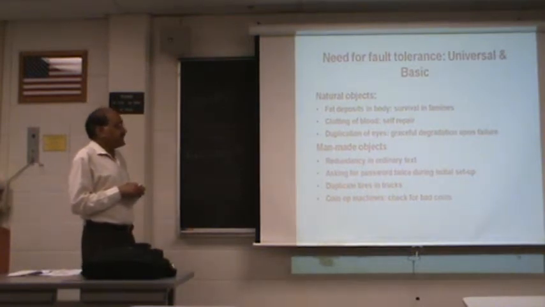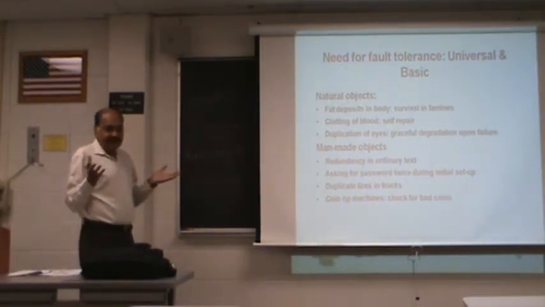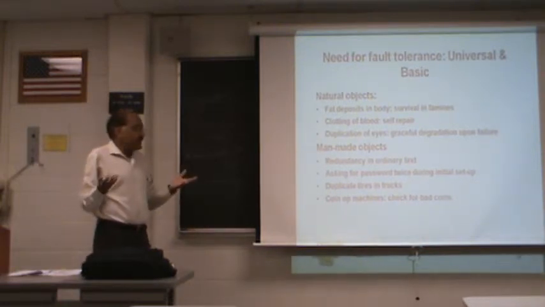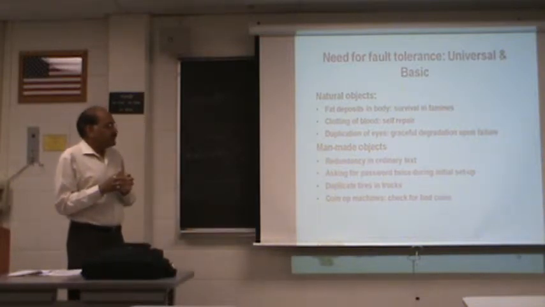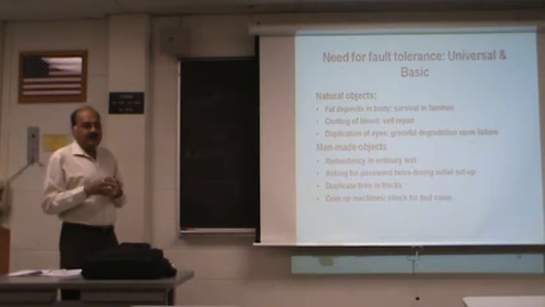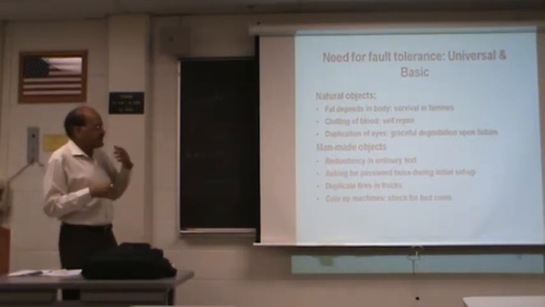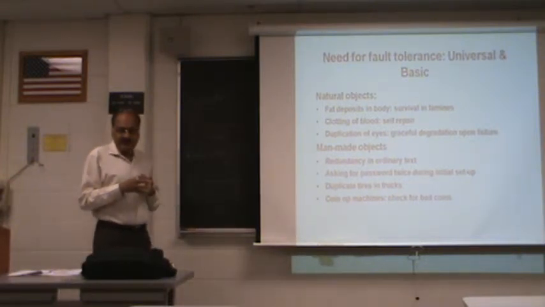For example, we can find a number of examples of fault tolerance even in our bodies. For example, we have fat deposits in our bodies, which are intended to help us survive during famines.